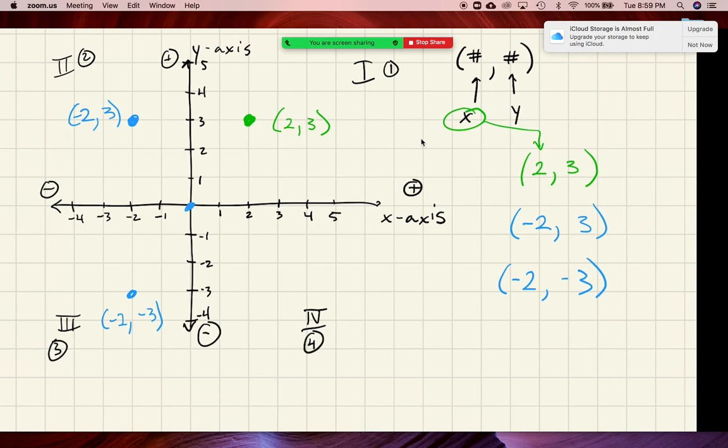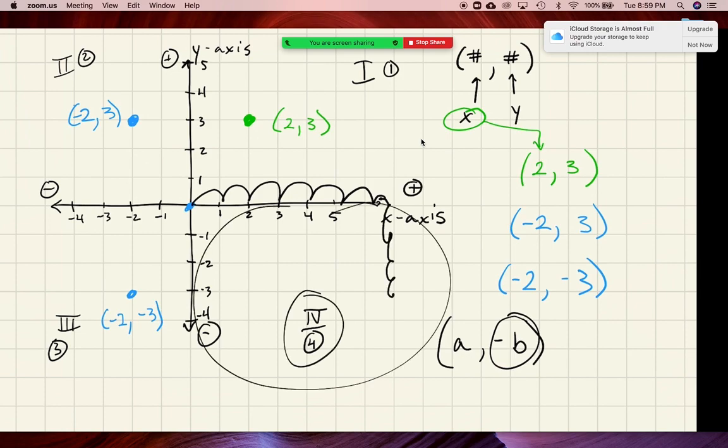Sometimes they might say, if I have positive A and negative B, where this is a positive number and this is a negative number, which quadrant would I end up in? And the way you think about that is, if this is positive, then you're going to go to the right some number. If this is negative, then from here, you're going to go down some number, which puts you into quadrant 4. So they might have some questions like that. Cool.